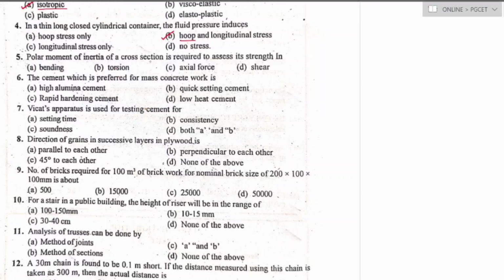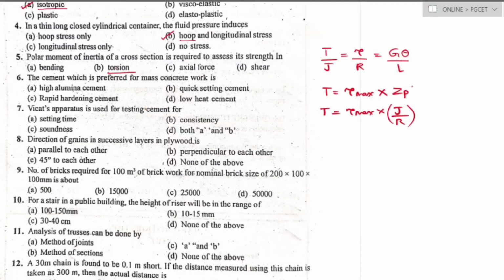Question number 5. Polar moment of inertia of a cross section is required to assess its strength in torsion. From the torsion equation, we know that T by J is equal to tau by R is equal to G theta by L. The greatest twisting moment which a given shaft section can resist is equal to maximum permissible shear multiplied by polar modulus, that is tau max multiplied by J by R, where ZP is the sectional modulus.